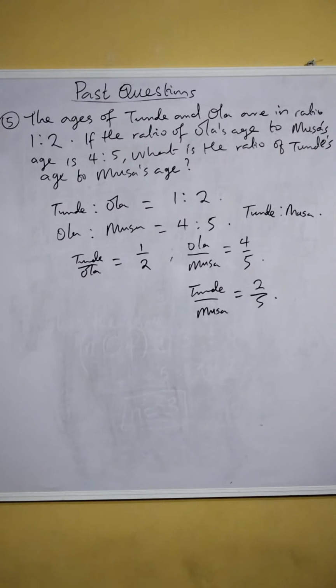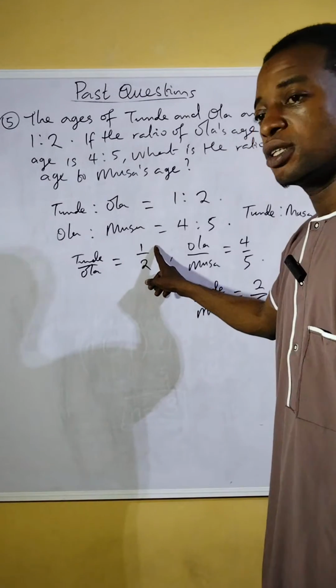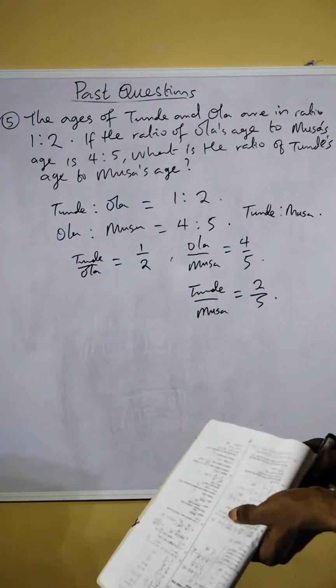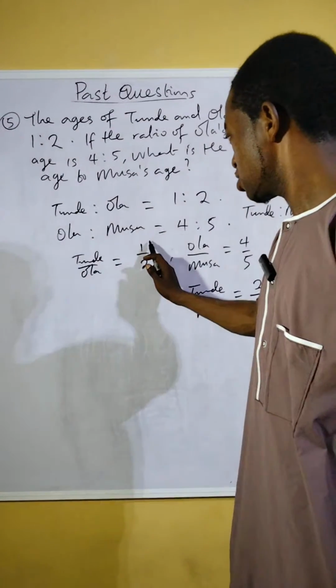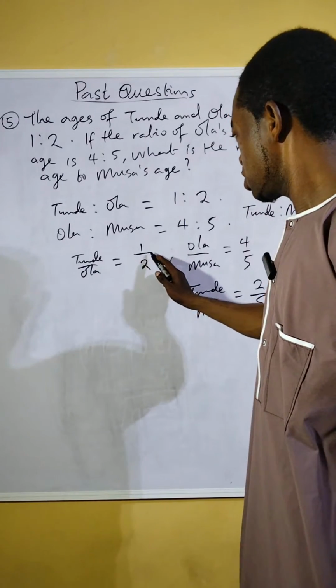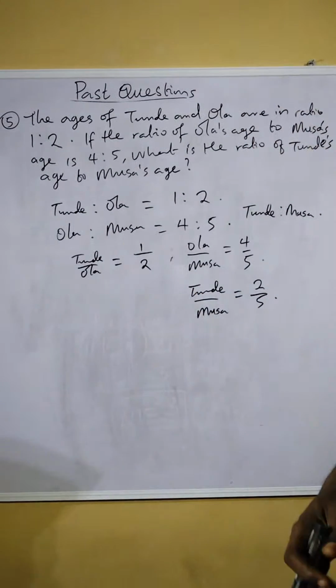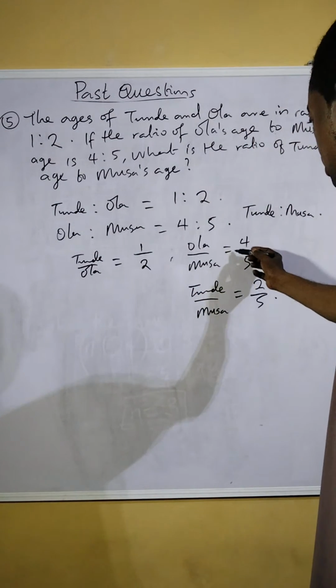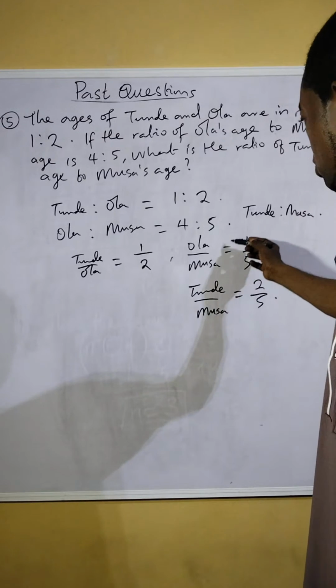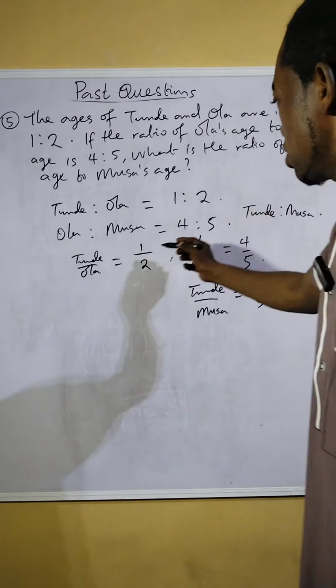So I believe we are following, and this is actually clear. Why is it 2/5 here? Because Tunde here is representing 1. That means, ideally, Tunde is half of Ola's age. So once Ola here is 4, Tunde here will now be 2.